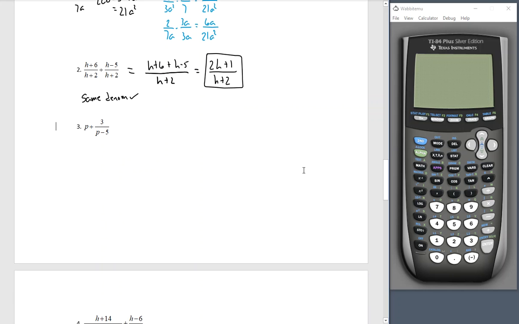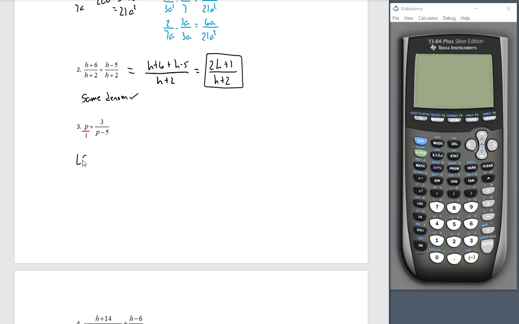I'm going to bring this one up a little bit. When you're dealing with common denominators, it's really nice to see everything as a fraction. So if you have to rewrite p, a variable, or even a number, 3, 7, 24, whatever, you have a denominator of 1. You always have a denominator of 1.